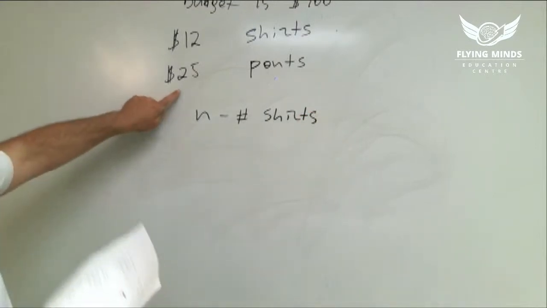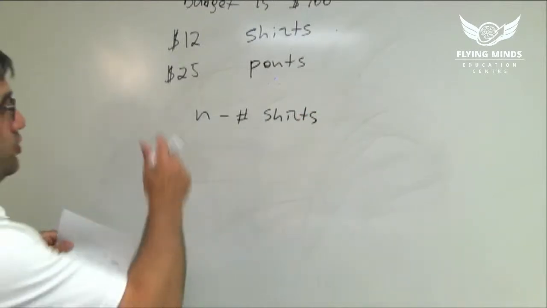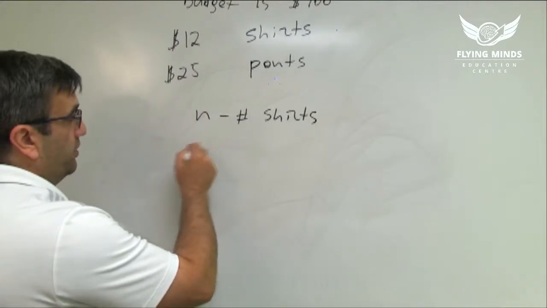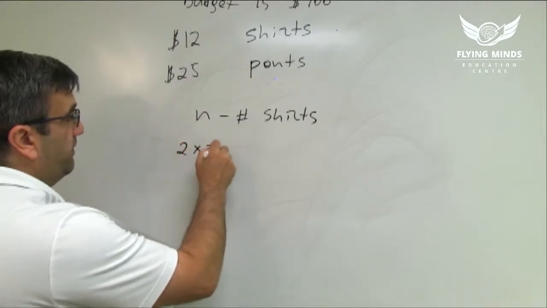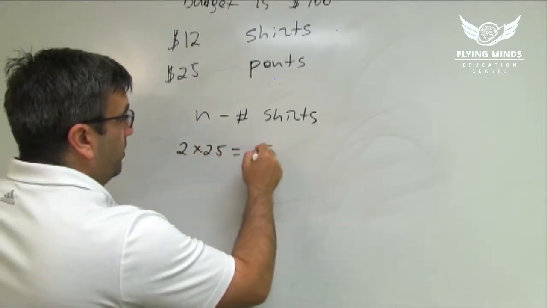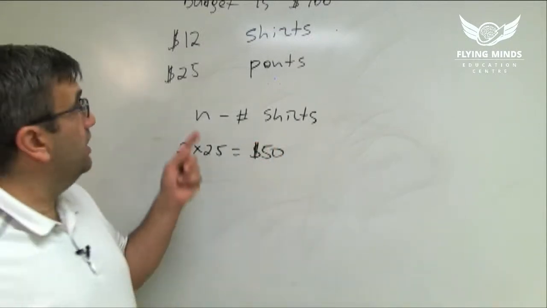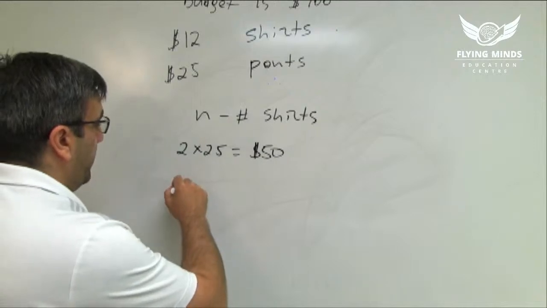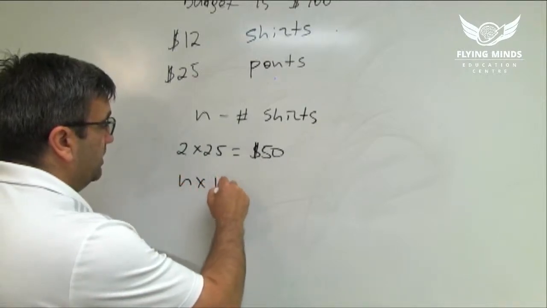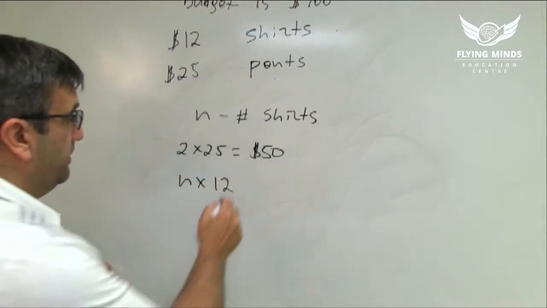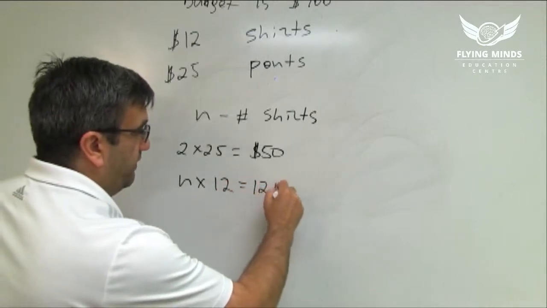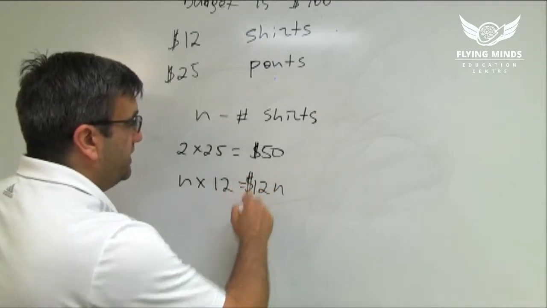Okay, if we know that she buys 2 pairs of pants, so 2 pairs of pants will cost her $50. 2 times 25 will be $50. And how much she gonna spend on shirts? It will be n times 12, will be 12n, right?